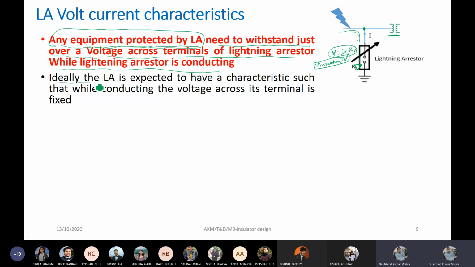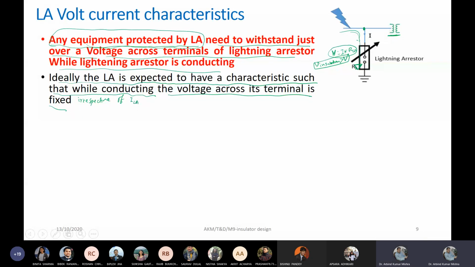Ideally, the lightning arrestor is expected to have a characteristic such that while conducting, the voltage across its terminals is fixed, irrespective of the lightning arrestor current.